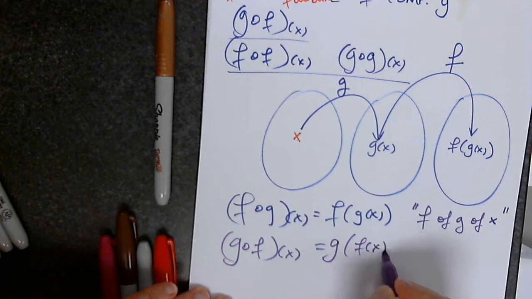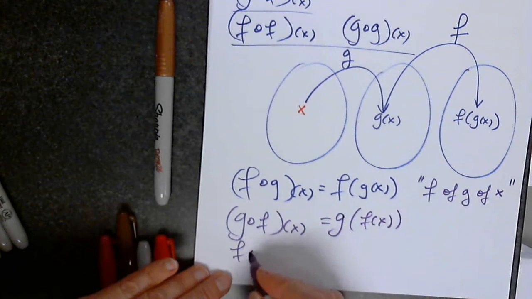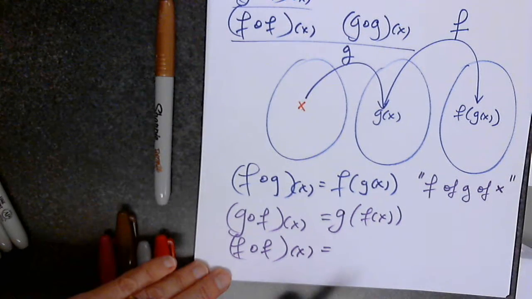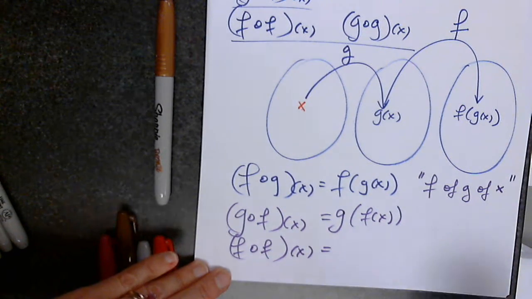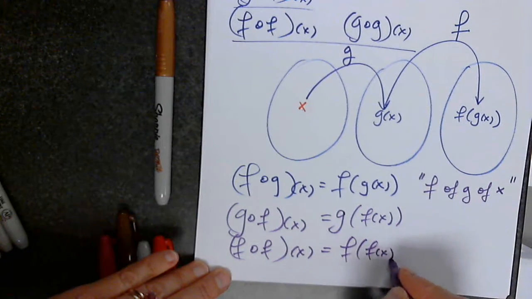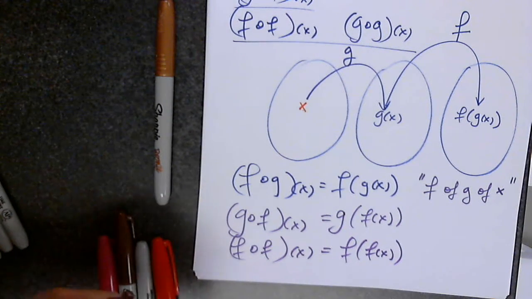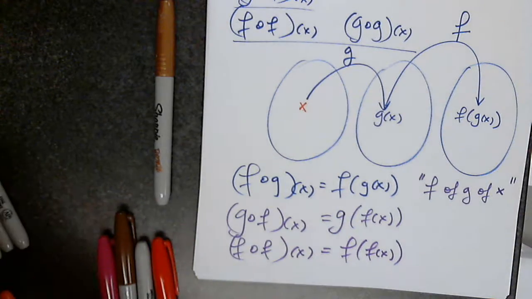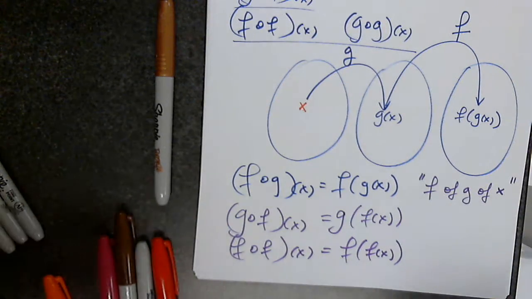G of f of x. What about f comp f? What will that equal to? F of f of x. What about g comp g? G of g of x. Excellent.